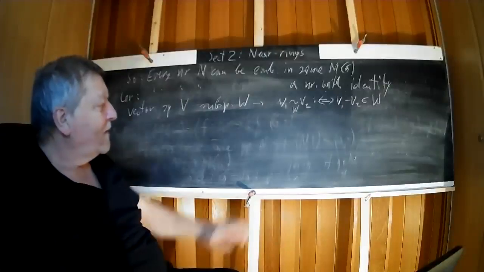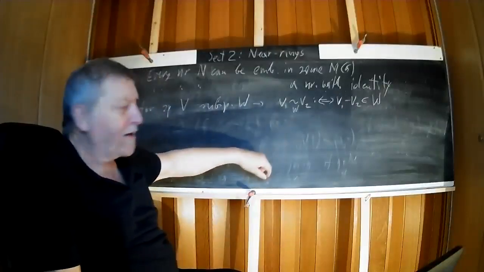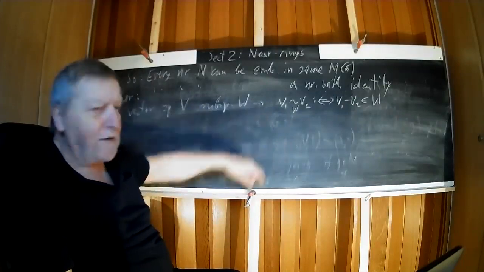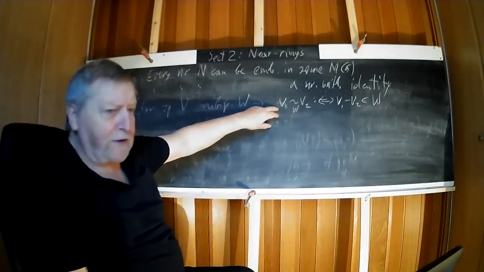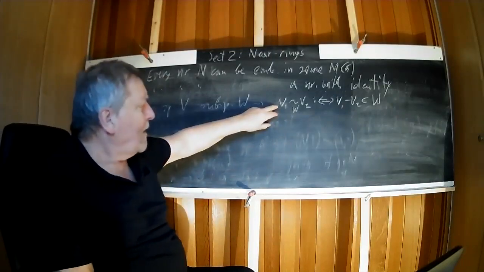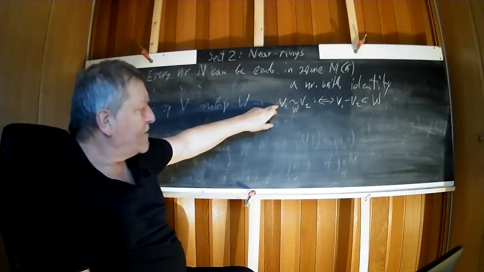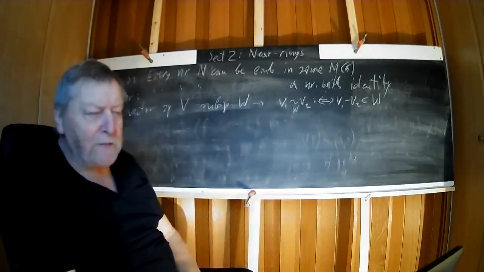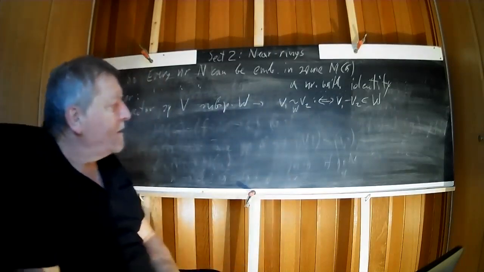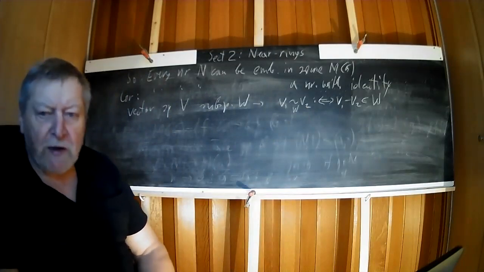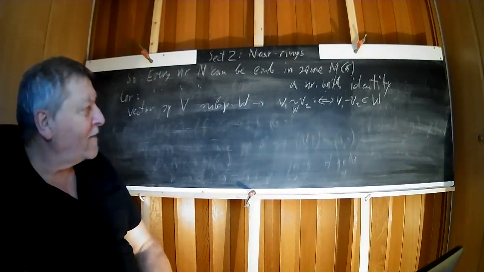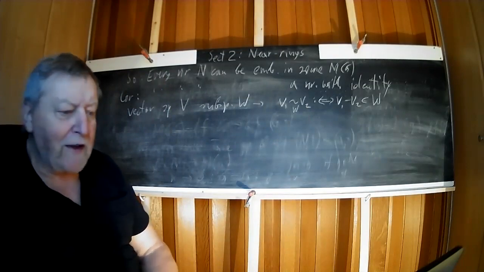And if you take a lambda in the field over which the vector space is formed, then lambda times v1 is also equivalent to lambda times v2, which means that this is an equivalence relation which respects both addition and the multiplication by lambda.